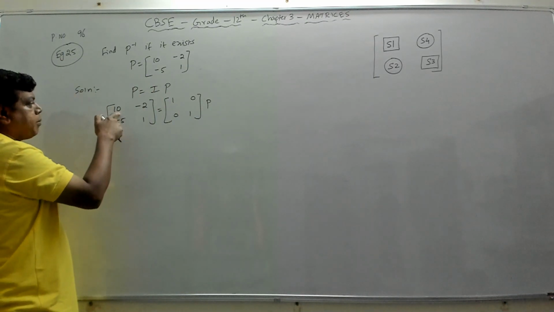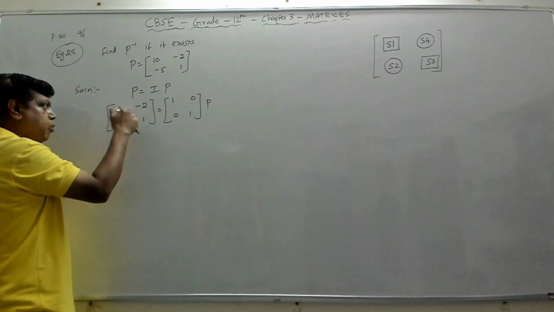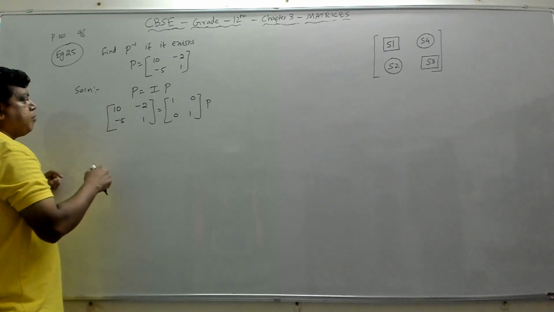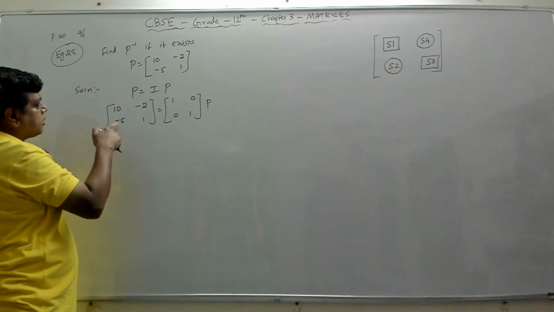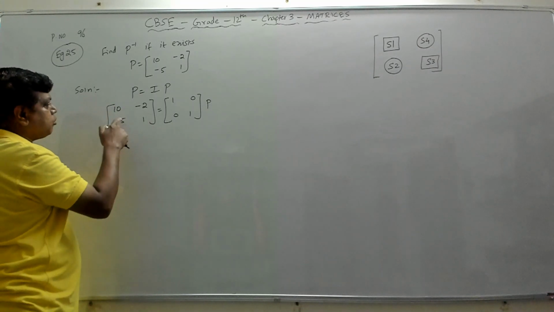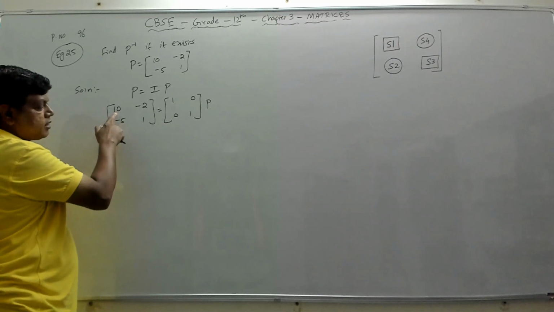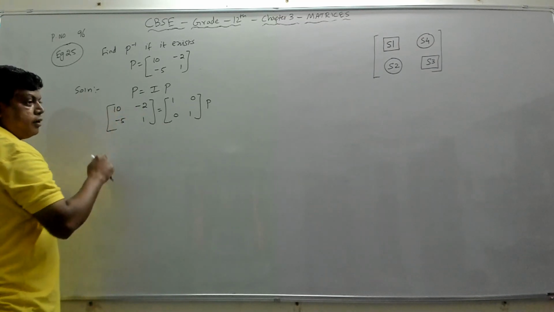Now, using some row operations, we can use either row 2 or row 1 itself to make this 1. We can't use row 2, because if I do 10 into something plus 5, we will not get 1. So using R2, we may not be able to make this 1 easily. What we can do is divide 10 by 10.